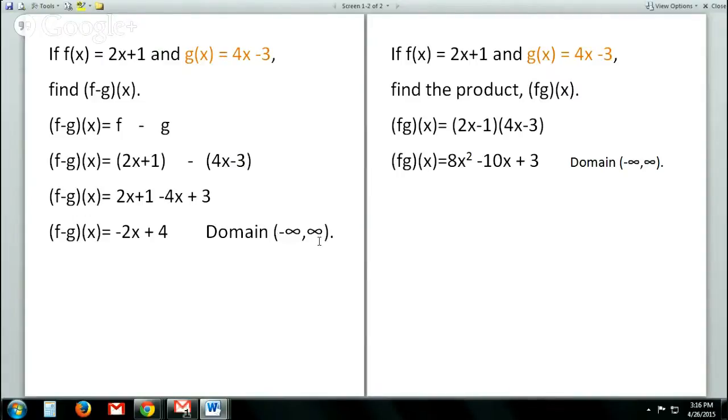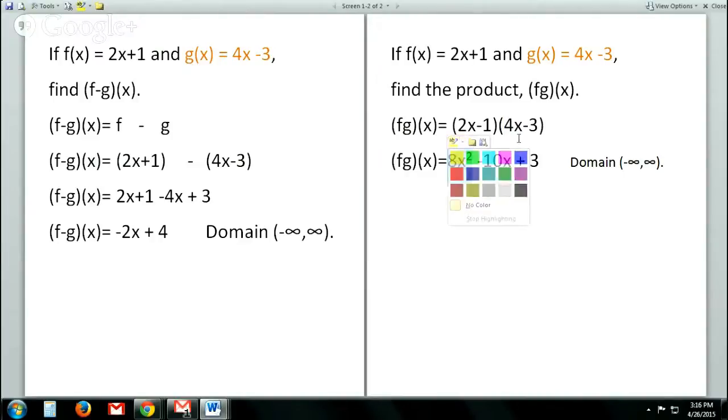Next, let's see if we can find the product of these same two functions, f and g. When we do the product of them, since it's a binomial times a binomial, we'll need to FOIL these things. It's 2x times 4x, the first ones. 2x times 4x gave me 8x squared.